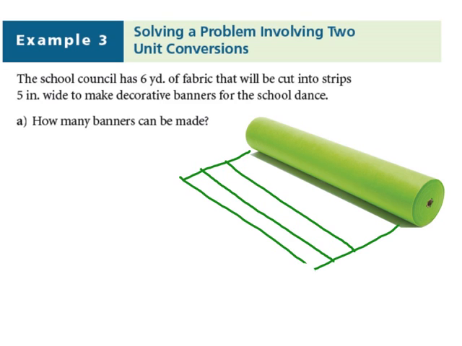And the whole length of the roll would be 6 yards. The problem here is that 5 inches and 6 yards can't be worked together. We have to convert to yards or to inches. And it's easier to convert yards to inches. So first, we have to convert 6 yards to inches.